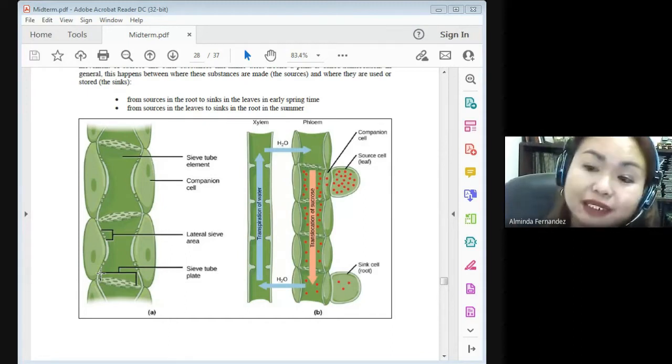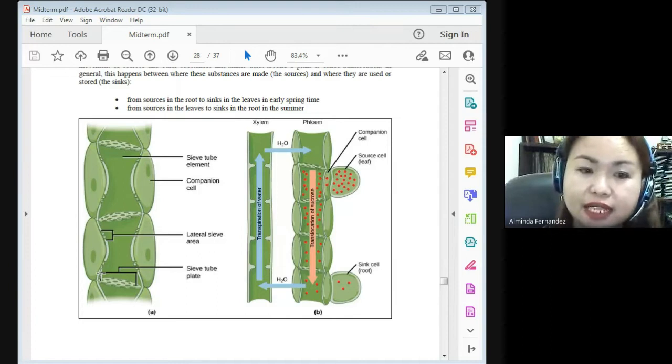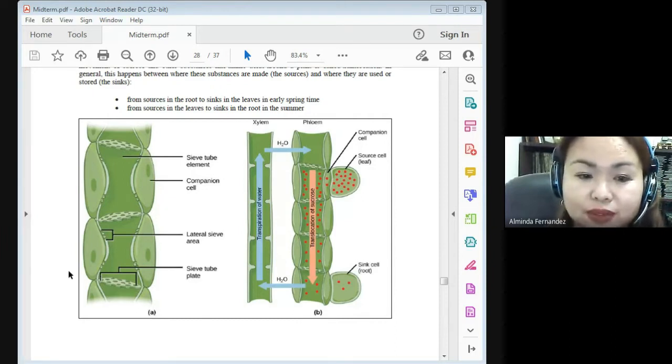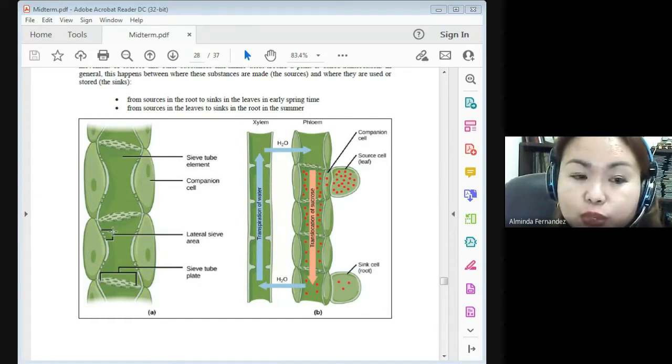Ibig sabihin, di ba, dali ra siya mupilit, pag bubo nimo, mupilit siya dayon, and it has the cohesive, meaning magpundo siya, dili siya katag kung ibubo nato, right? So, and the plants also have sieve tubes, wherein it will make the flow of water easily, no?